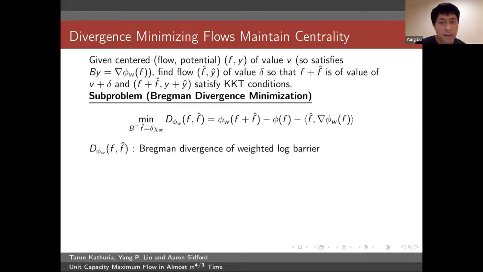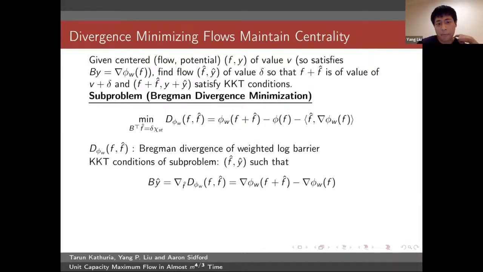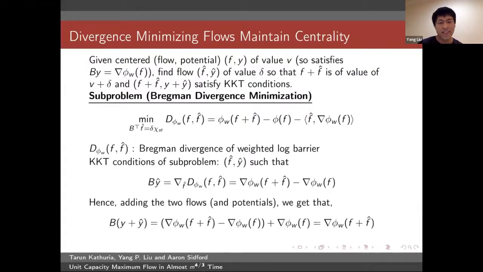More precisely, if you write out the KKT conditions for the Bregman divergence problem, you get that B y hat equals the difference of the two gradients. Then if you add them, you get that the flow f plus f hat is exactly central for y plus y hat.